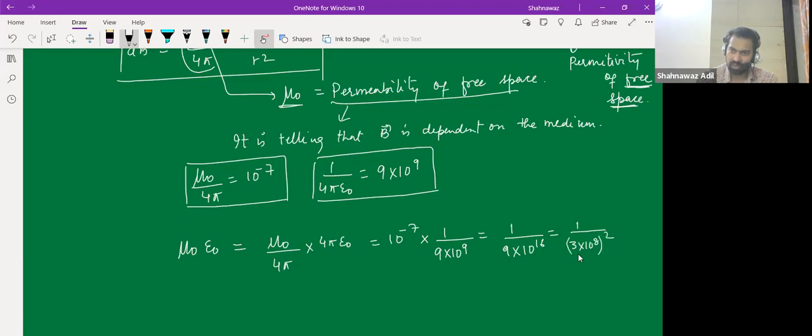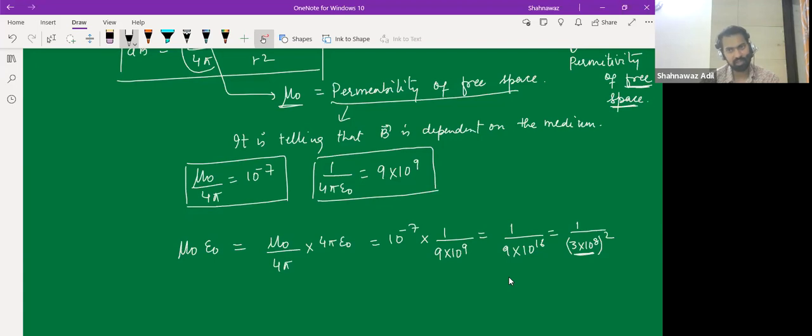So can you recall what is this quantity? Can you remember what is 3 into 10 to the power 8?